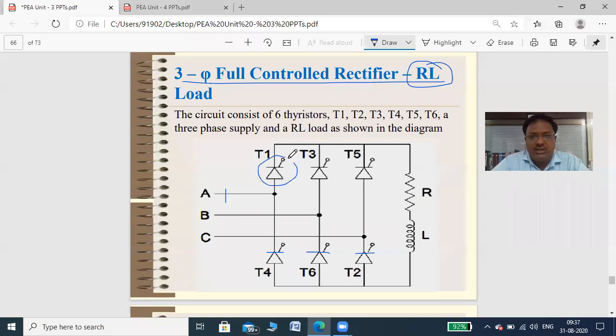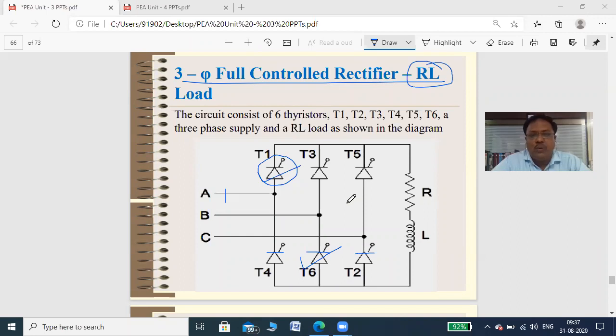Initially, if we consider that phase A is more positive with respect to phase B, then SCR T1 and SCR T6 are both in forward bias condition. As soon as you apply the triggering pulse, the most important thing in this particular converter is the triggering pulses. You should apply the same triggering pulse to T1 as well as T6, otherwise the working will not be proper.